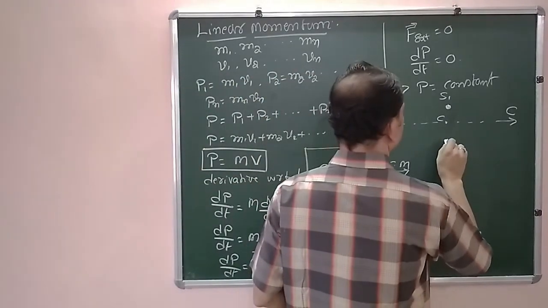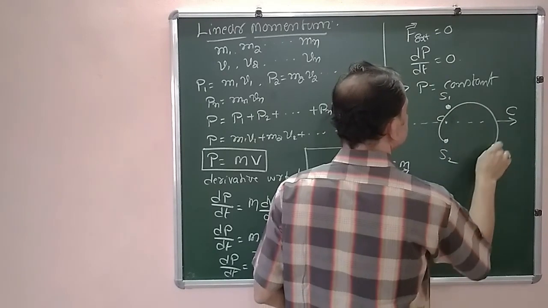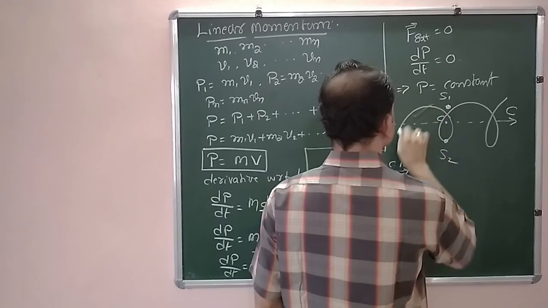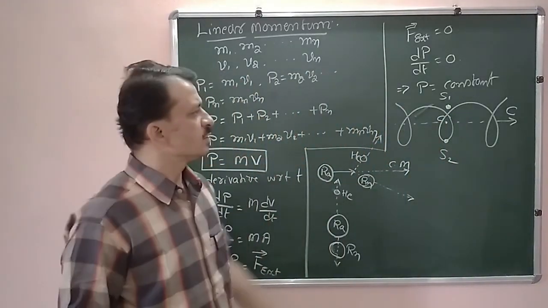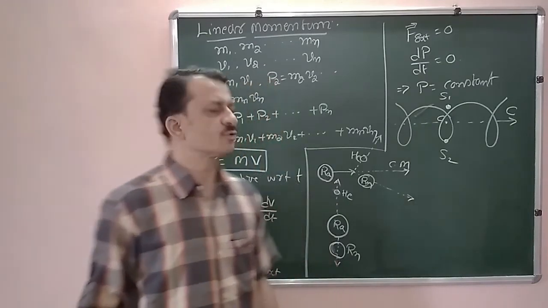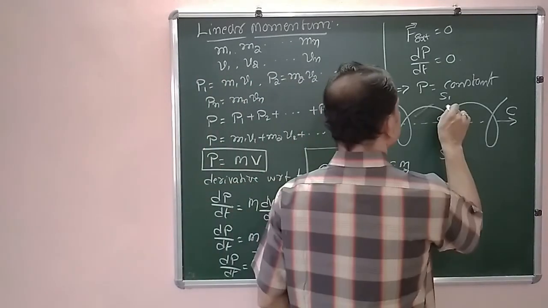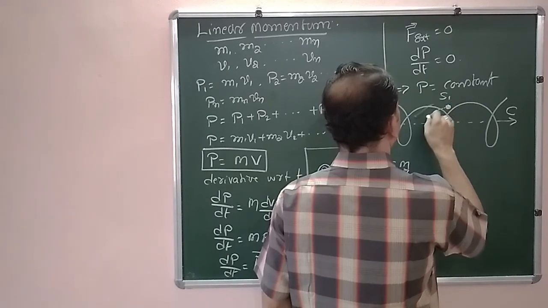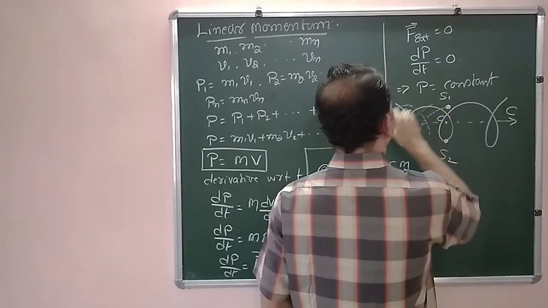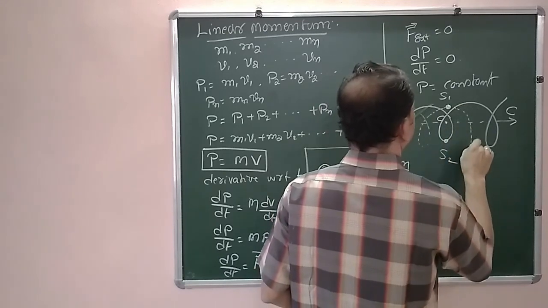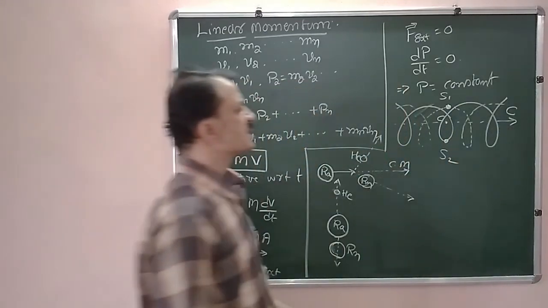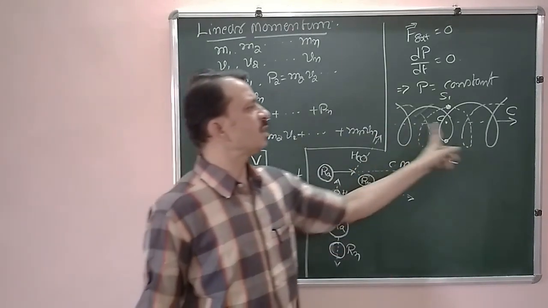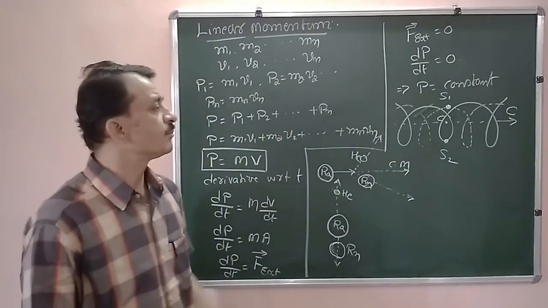This star moves like this. The solid path represents the motion of star S2. At the same time, the dotted path represents the path of S1. They are revolving around each other, but the center of mass is moving along the same straight line.